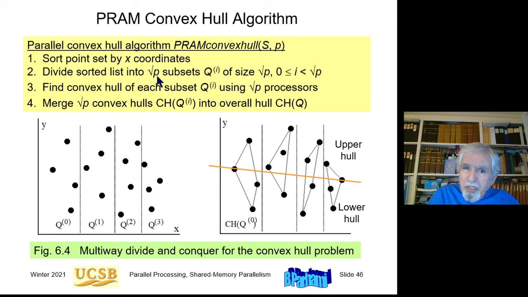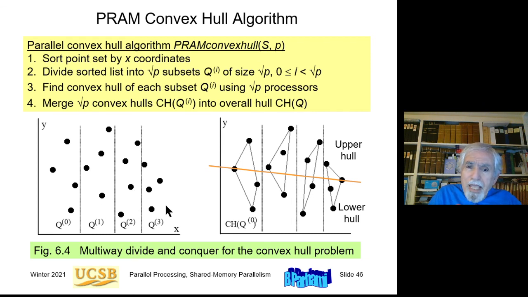P is the number of processors. So if you have p processors, let's say 16 processors, then divide these into 4 subsets. Each subset will have 4 points. I'm assuming n is divisible by square root of p for simplicity. It doesn't matter if the size of these sets is not exactly equal.